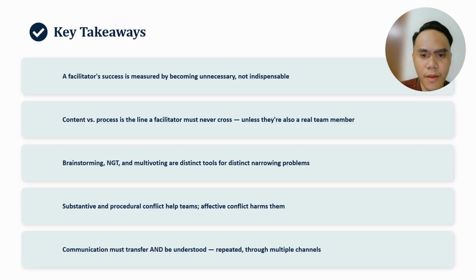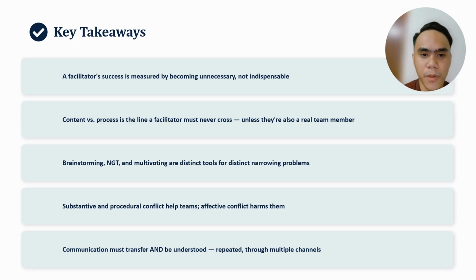So let's bring both halves of this chapter together with five closing points, and I'll expand on each. First, facilitator success is measured by becoming unnecessary, not by becoming indispensable. Every skill and behavior we covered, the marginal role, the two facilitator postures, the intervention styles, all serve the one somewhat paradoxical end goal of working themselves out of a job.